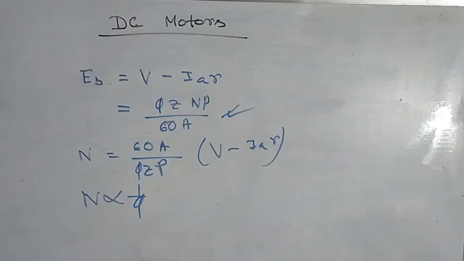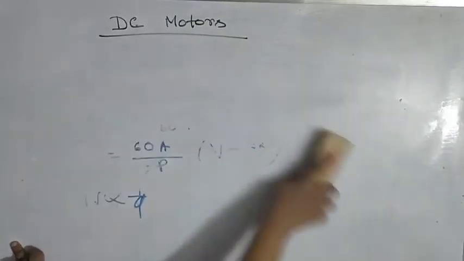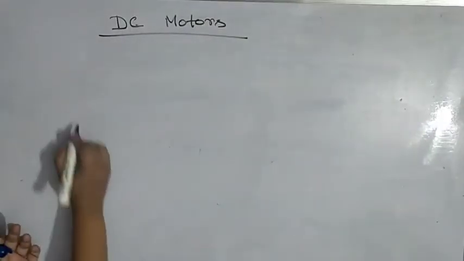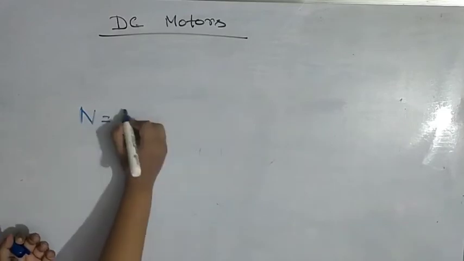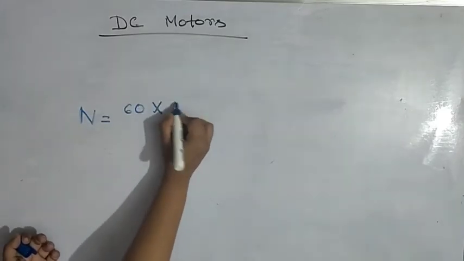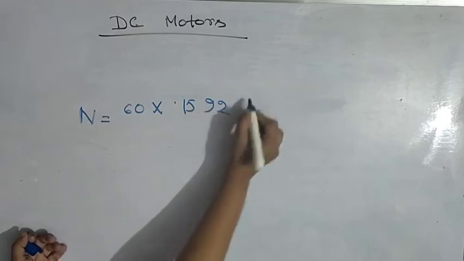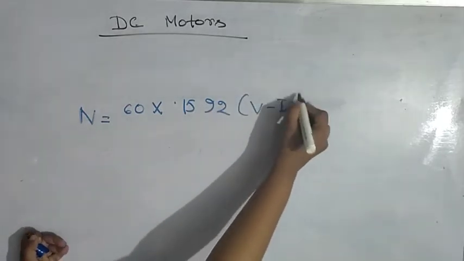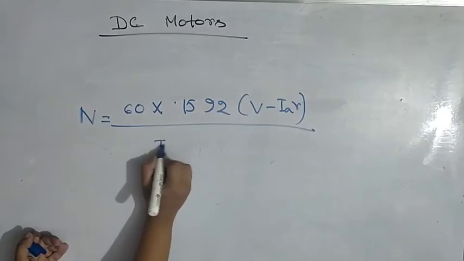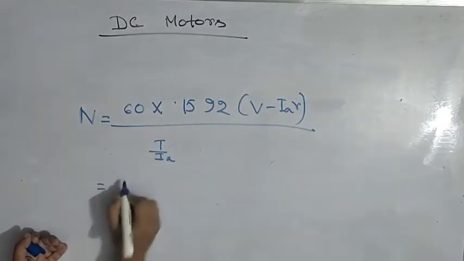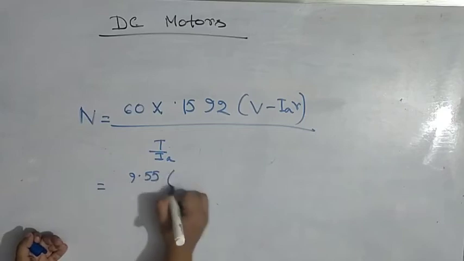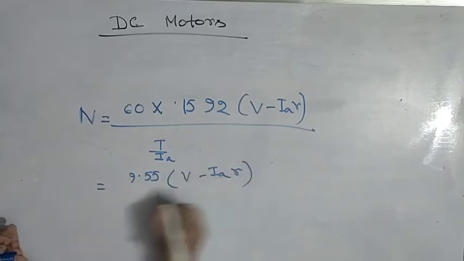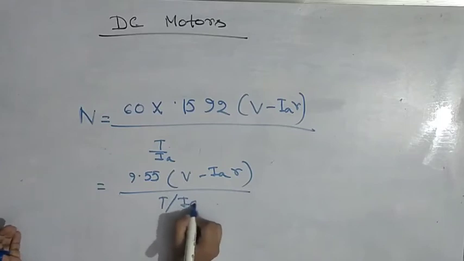Now combining these equations, we obtain the relationship between speed and armature current for a DC series motor, and the relationship is N equal to 60 into 0.1592 (V minus Ia R) by T by Ia, or we can write 9.55 (V minus Ia R) by T by Ia.